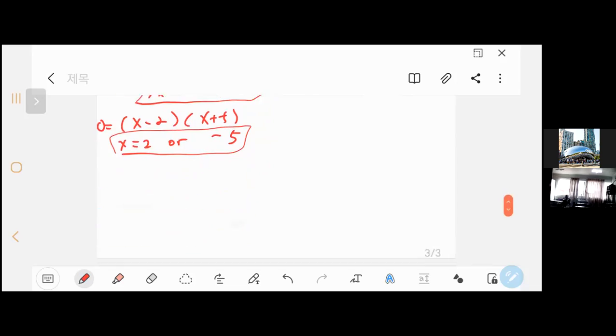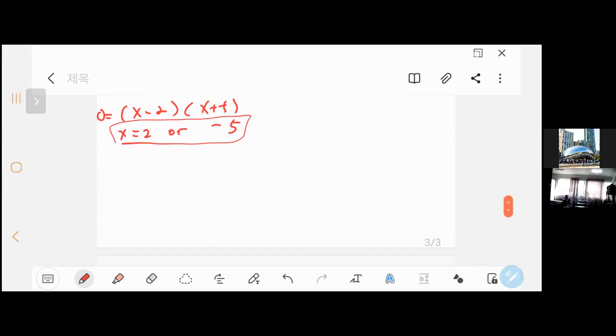Now, number 5, you have to graph them. When you graph them, you want to find the roots, which are minus 5, comma 0, and 2, comma 0.